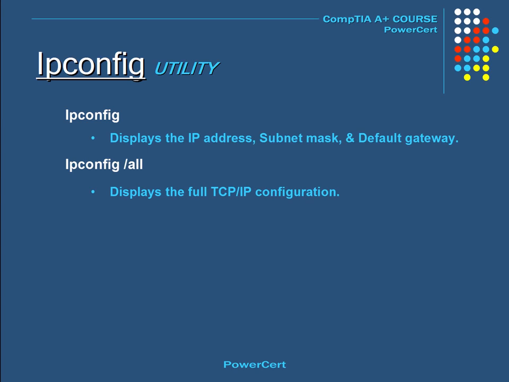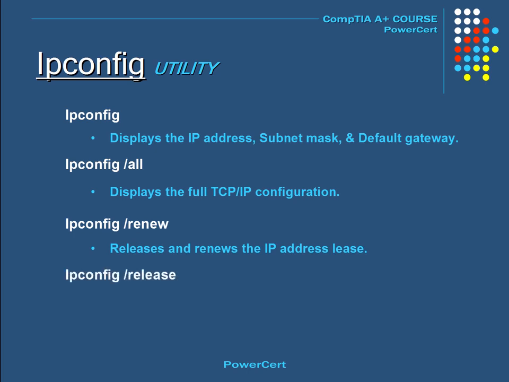When we use ipconfig /renew, this releases and renews the IP address lease given to us from the DHCP server. And ipconfig /release releases the IP address but does not renew it.